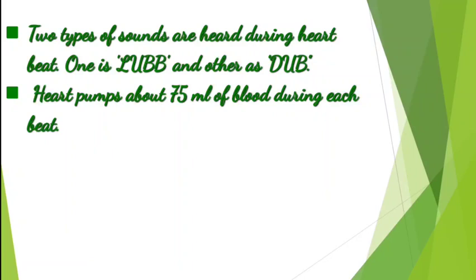One is lup, and the other is dup. The heart pumps about 75 ml of blood during each beat.